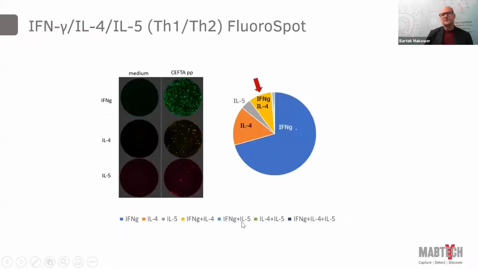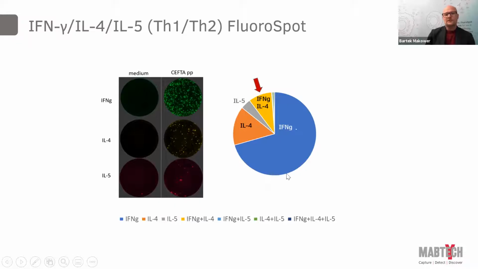So using fluorospot, this is actually what we see. It's closer to single cell RNA sequencing than flow cytometry. So this triple fluorospot stimulating with this CD4 specific peptide pool I mentioned before, we get interferon gamma, IL-4 and IL-5 responses. Interferon gamma is a Th1 cytokine, these 2 are Th2.